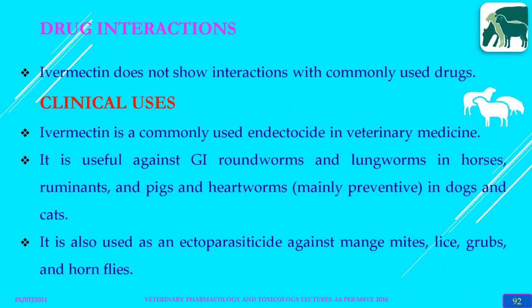So it is used against the GI roundworms and lungworms, especially in horses. Of course, it is also effective against bots. It is used as an ectoparasiticide against the mange mites, lice, grubs and horn flies. So even including the flies, this is effective.